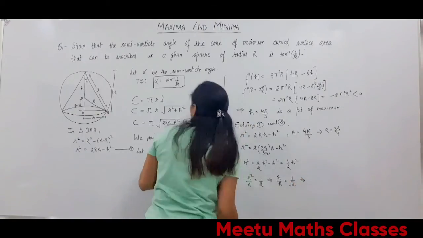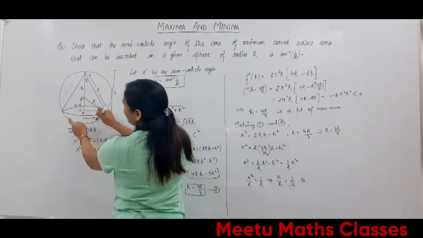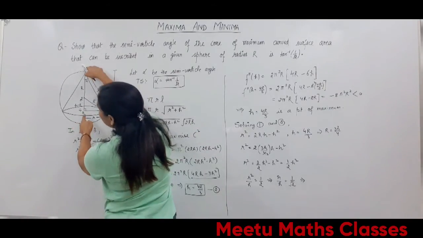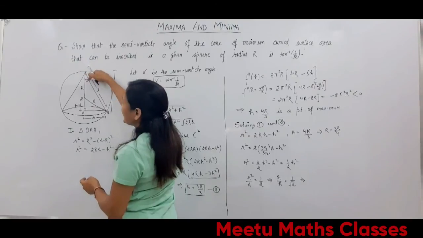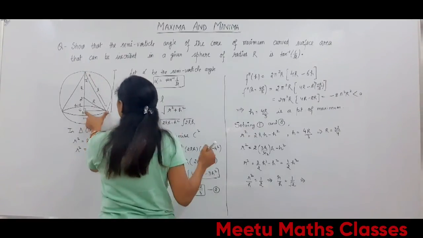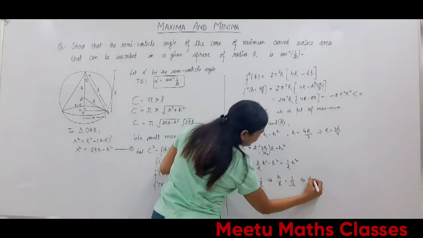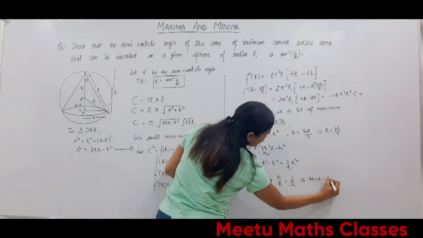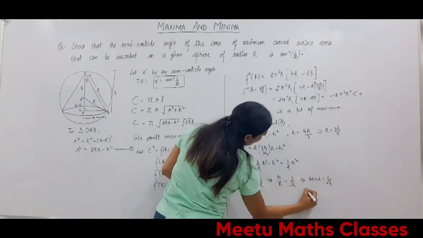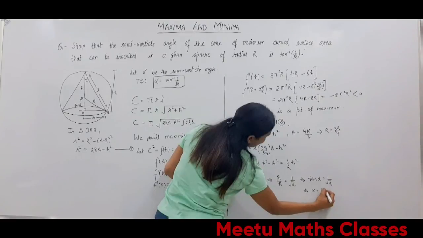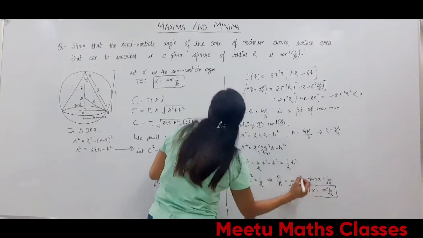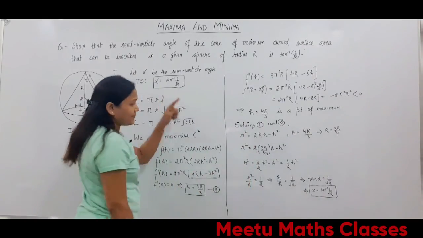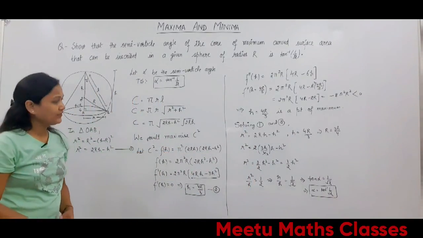And what is r by h? r is perpendicular and h is base for this triangle whose angle is alpha. So this can be written as tan alpha. Tan alpha is equal to 1 by root 2. So alpha will be equal to tan inverse of 1 by root 2. And this is what you had to show, that the semi-vertical angle is tan inverse of 1 by root 2.